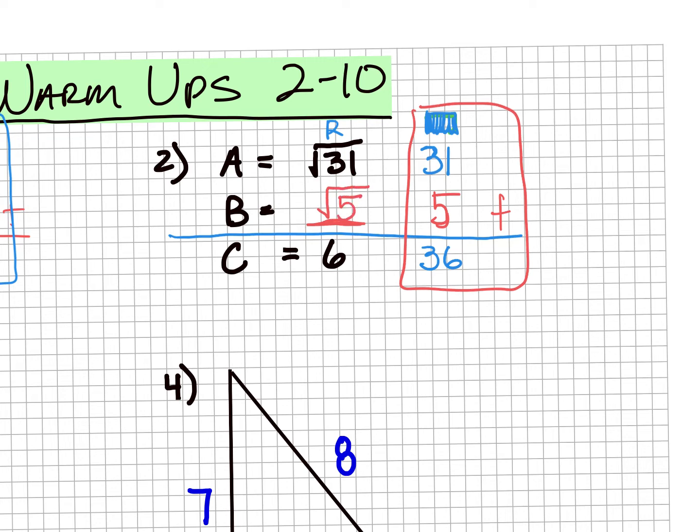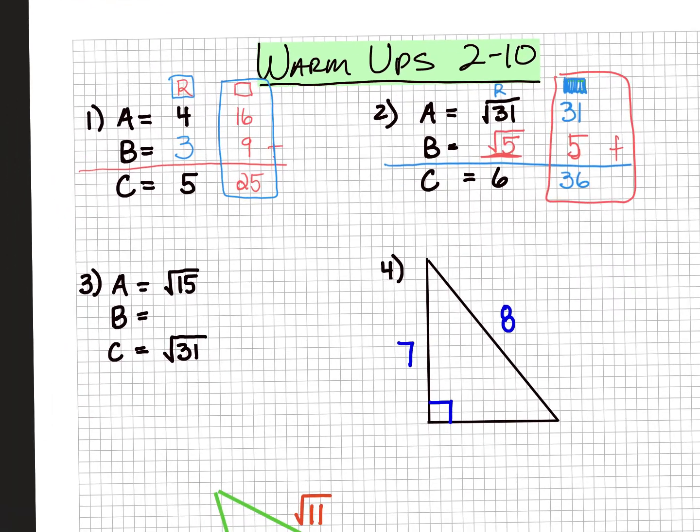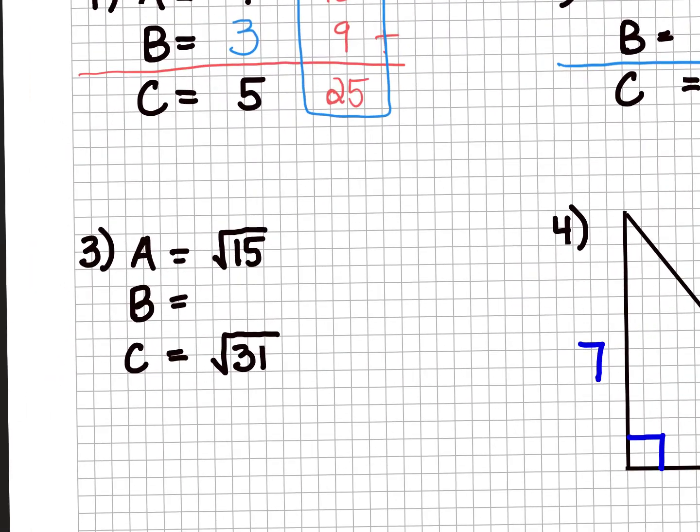So I'm just going to leave it as the square root of 5. If I wanted to estimate it, I could say it's like 2.1 because it's just bigger than 4. But we're just going to leave it today. Square root of 5, that's what was missing. All right, over here, see if you can do this one. These have to add together. Over here, the roots don't add together, the squares add together to make C.